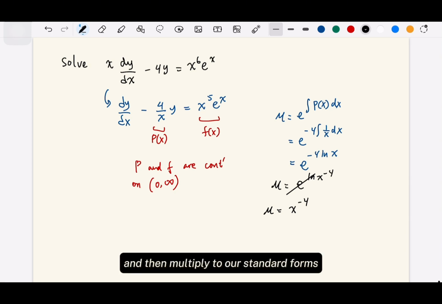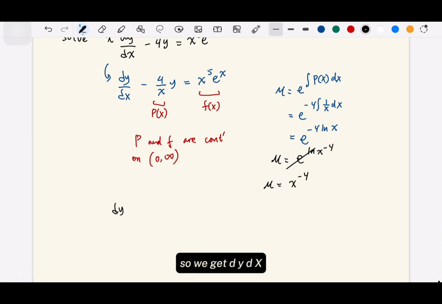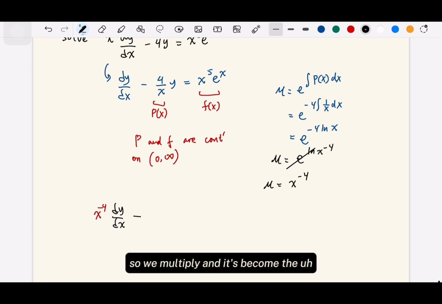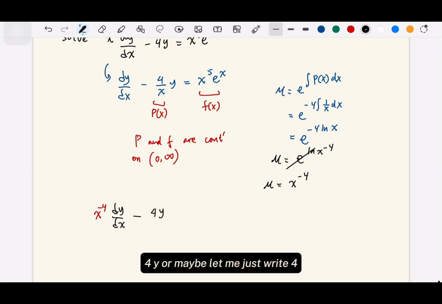And then multiply to our standard form. So we get dy/dx times x with power of negative 4, minus, so we multiply and it becomes 4y, or maybe let me just write 4, and then x with power of negative 4, negative 1 becomes negative 5, right?